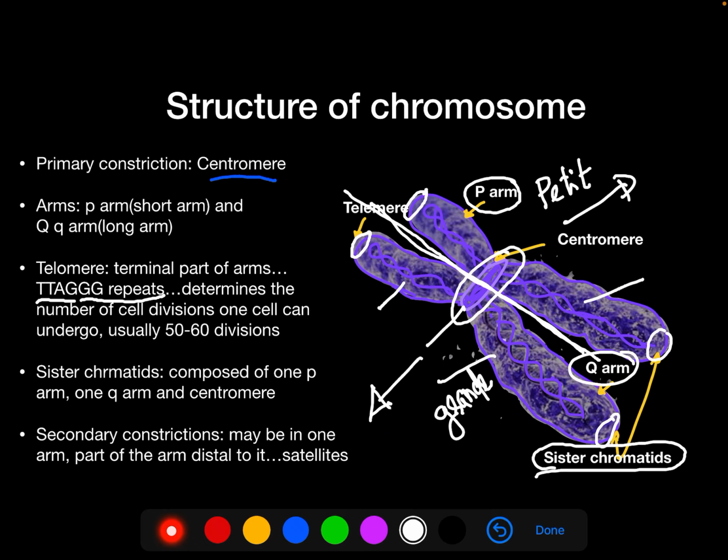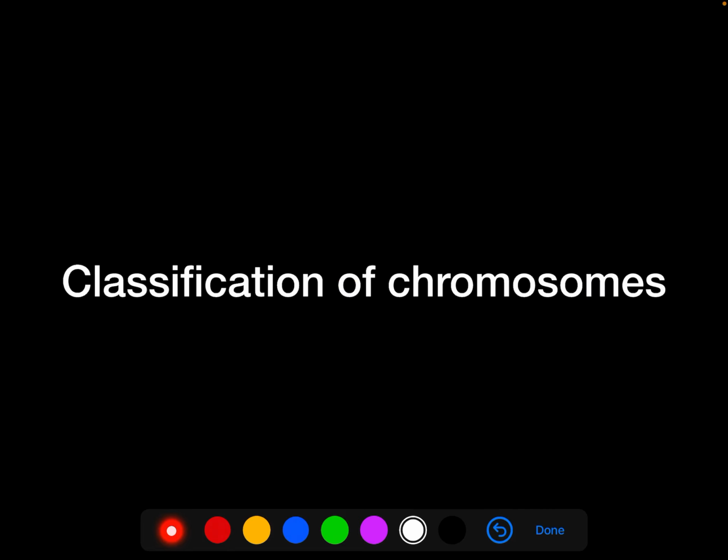So that is about the structure of the chromosomes. In acrocentric chromosomes, sometimes we can see secondary constrictions. At the end of the short arm, there will be a round-like structure called satellites. The secondary constriction separates the short arm from the satellites.